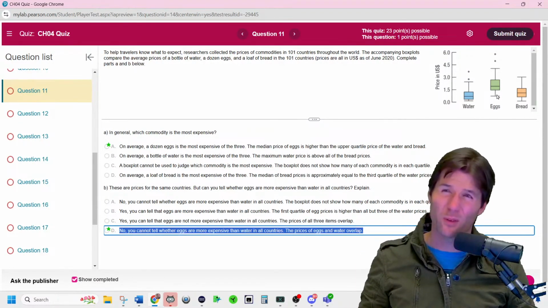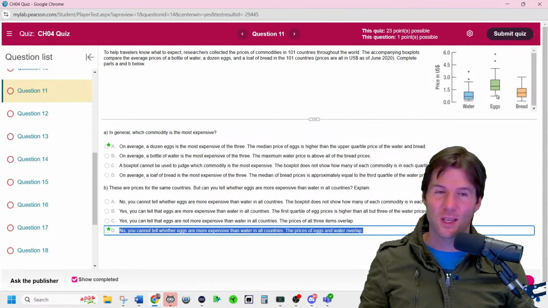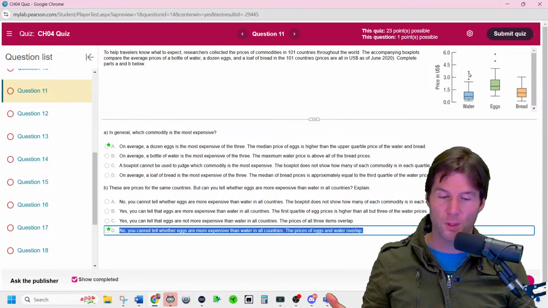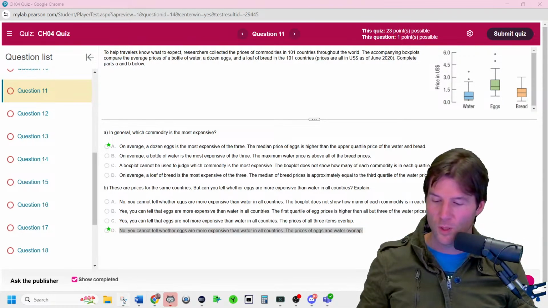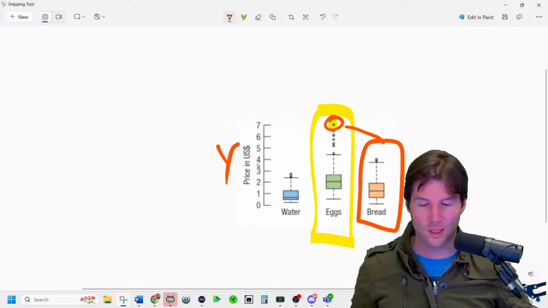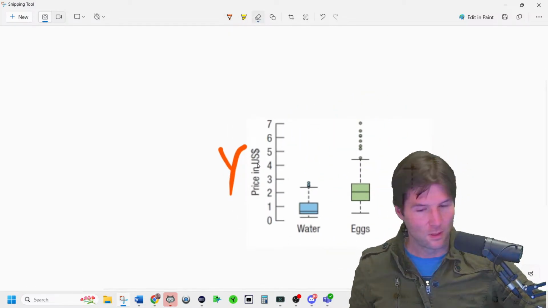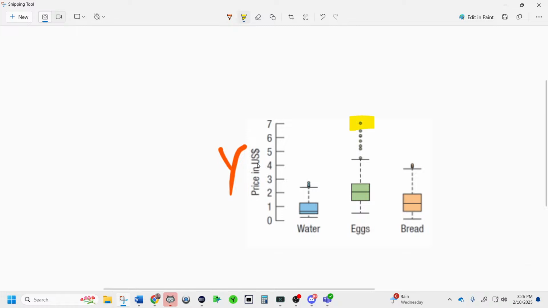I just don't like the way they phrase these a little bit, because I would just say I don't know if there's a country with really expensive water that has very cheap eggs. Does that make sense? Because it could be the case. We could just use this graphic here. How do you know for a certain country that this is the country's eggs and this is the country's water, or vice versa?